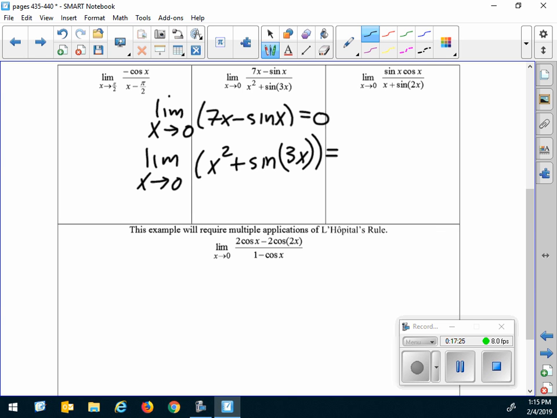In the denominator, 0 squared plus the sine of 0. Well, that's 0 again, isn't it? So I know L'Hopital's rule applies.